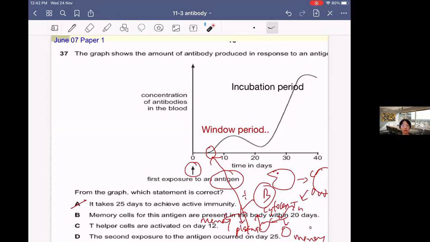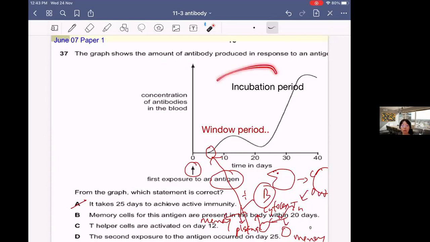Yes, you're right. Incubation period means after the pathogen enters your body, until signs and symptoms start to develop, that period of time is called incubation period.